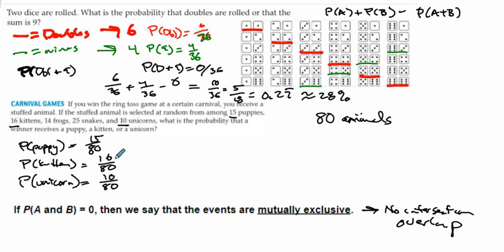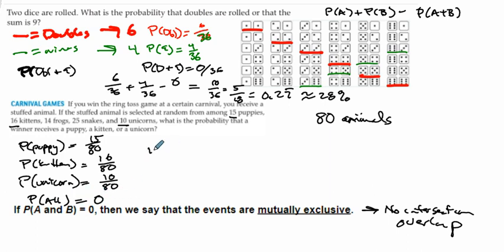And so where do these intersect? Well, you can't select a puppy and a kitten, or a kitten and a unicorn, or a puppy and a unicorn. You can only select one. So again, your intersection, the probability of getting them all, is none.